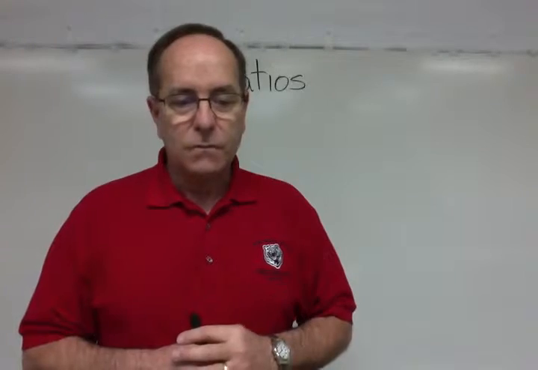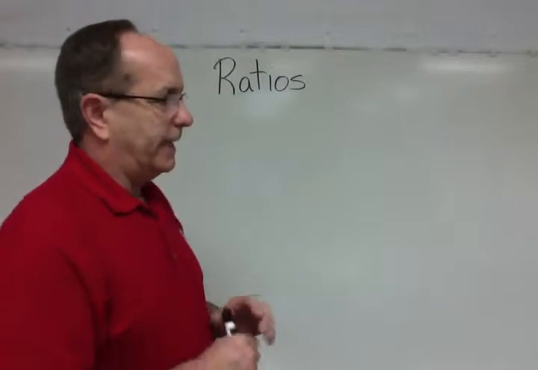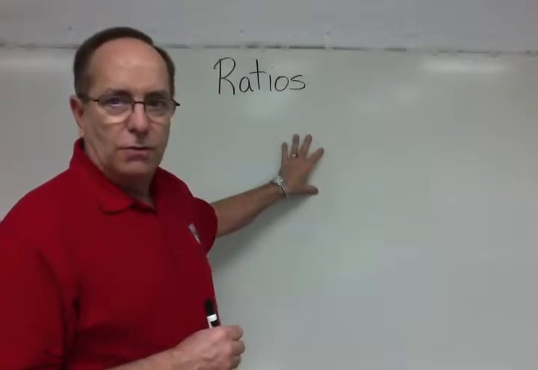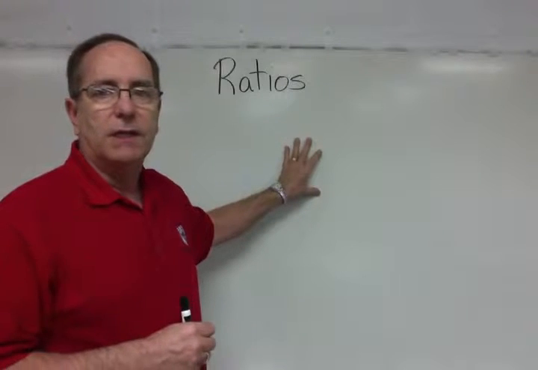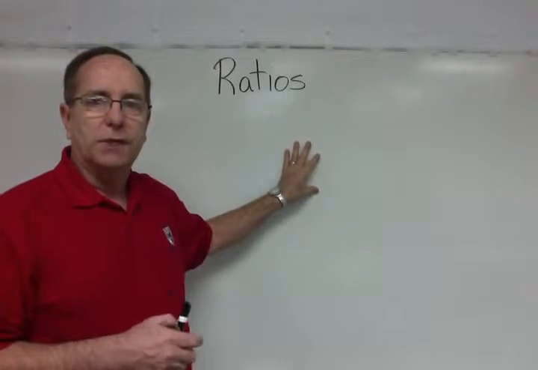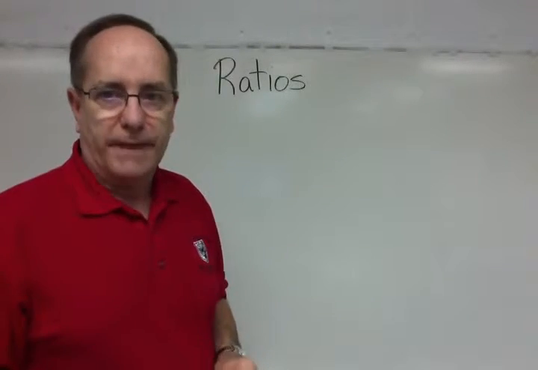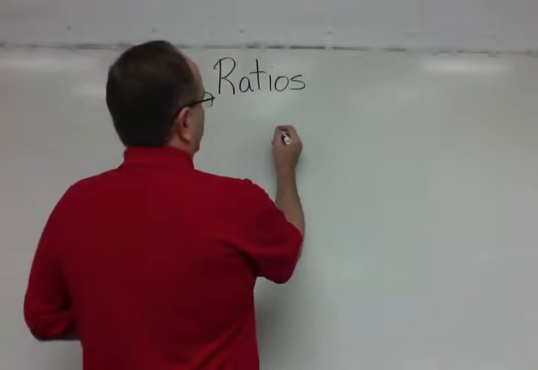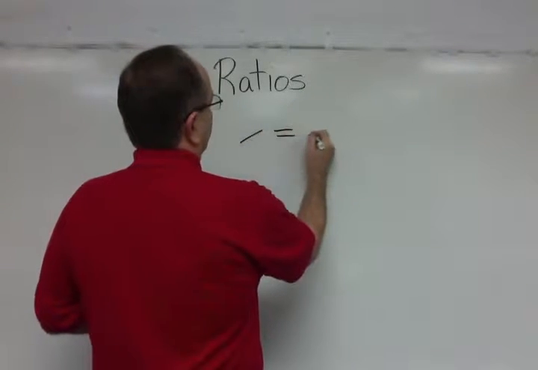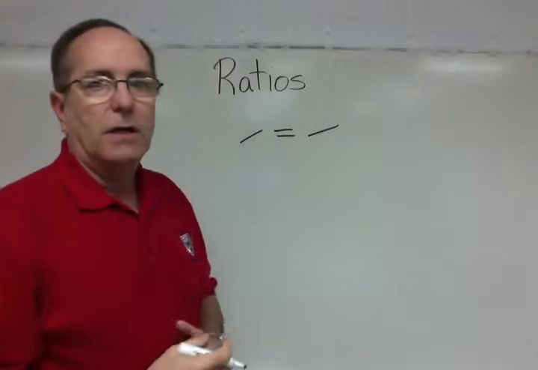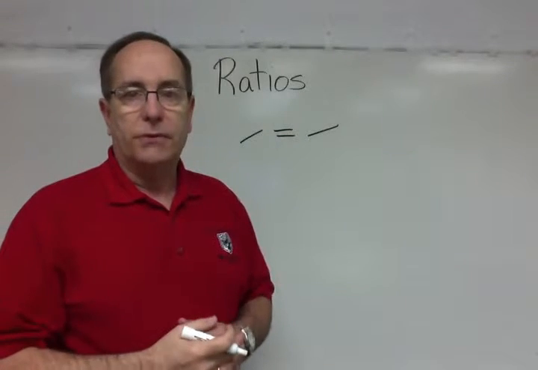So when we look at that ratio, we're going to do the very same thing in solving it as we did with rates. We're going to use a rate format. And remember, the rate format is two equivalent fractions that are solved by cross multiplying.